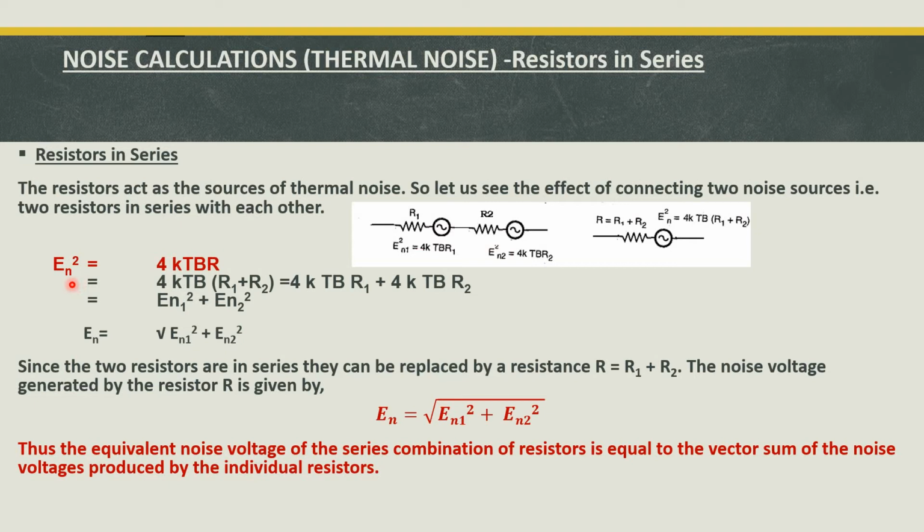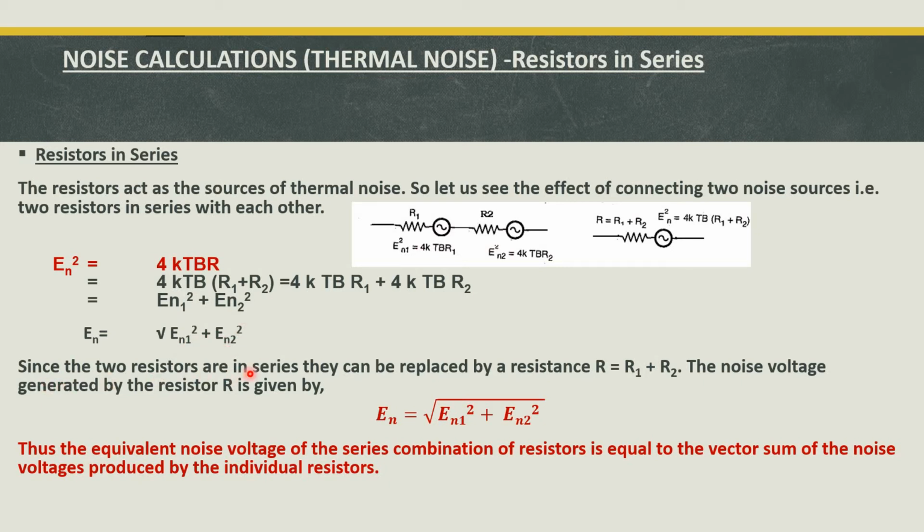This is the formula to calculate the total noise present in the series connection of resistors: En square is equal to 4kTb R, where R is replaced by R1 plus R2. If we calculate separately, it is 4kTb R1 plus 4kTb R2, which are En1 square and En2 square. Now En is equal to the square root of En1 square plus En2 square.